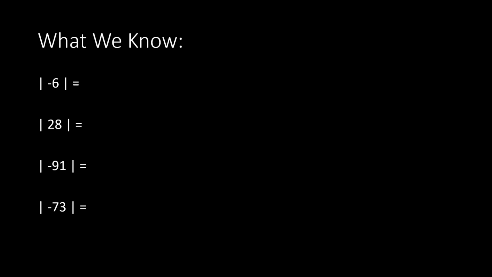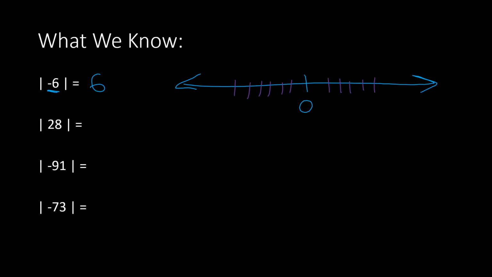So if we have negative 6 in the absolute value, we get 6. This is because, I'll just give a quick example. If this is 0, then we have negative 6 here. We're trying to find the distance it is from 0.